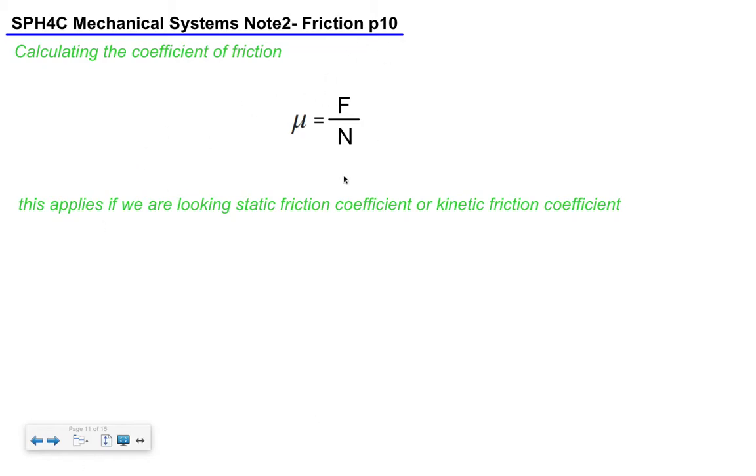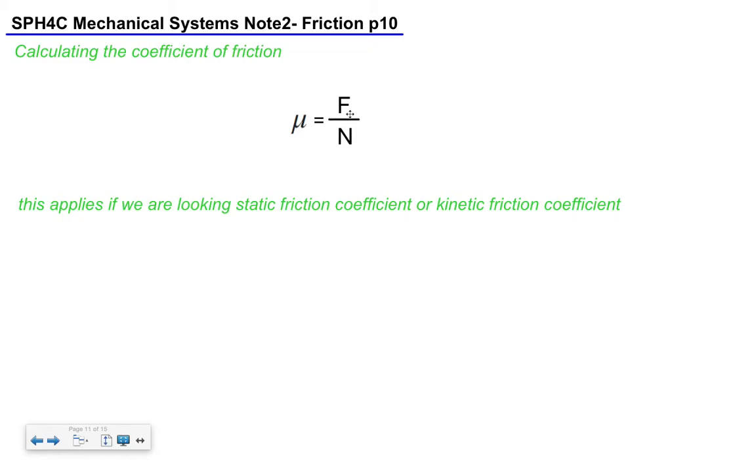And of course, what does that mean? Well, first of all, this is the force. That would be a friction force, or the force required to move something at a constant pace if you're looking at kinetic friction, or the force required just to start something moving if you're looking at static friction. So if I had a little s right here, then I would be putting Fs right here, meaning I'd be looking at the force required to start something moving.